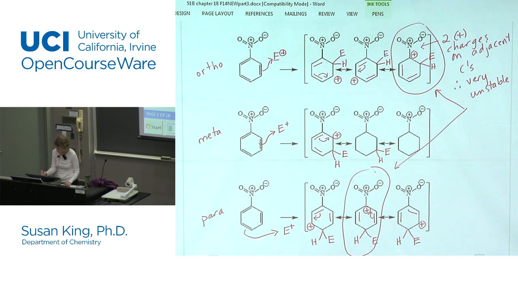So we're going to go here. We'll have the positive charge here, double bond here. We have it in one ortho position. Let's put it in the other ortho position. So we don't have any that are especially stable, but we also don't have any that are especially unstable. Did you have a question over here?